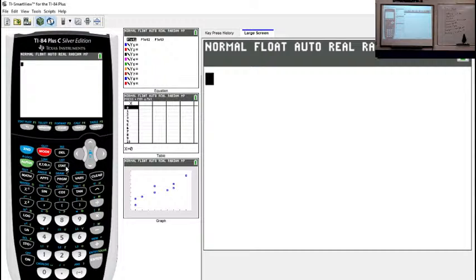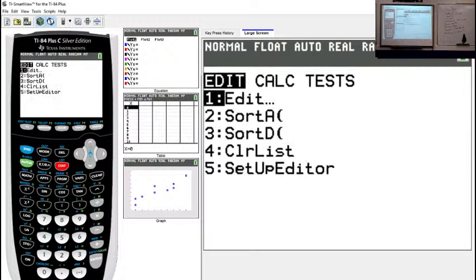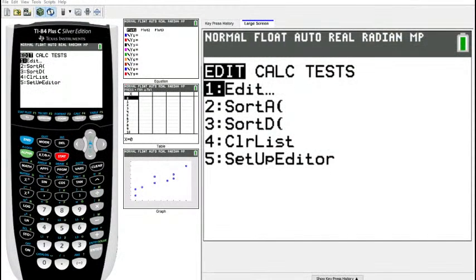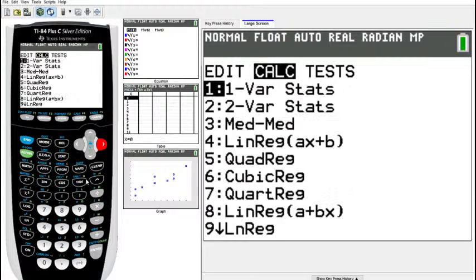In your calculator, we're going to make our regression line. So we are going to go to Stat, we're going to go to Calc. And if you scroll down here, you'll see there are ones that say linear regression.